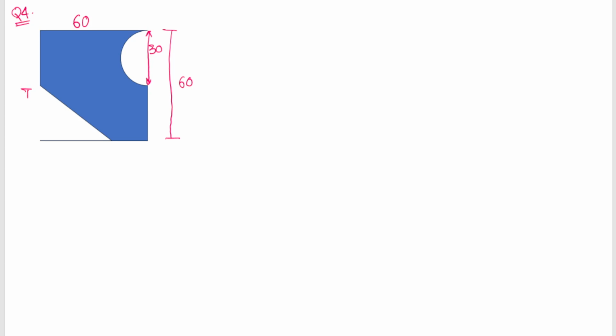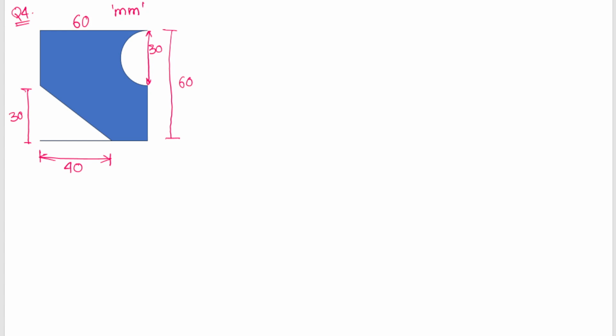This taken out triangle has a height of 30 in y direction and an altitude in x direction of 40. So this is the geometry. Now we can see we have a semicircle and a triangle being taken out from a square of dimension 60 into 60.